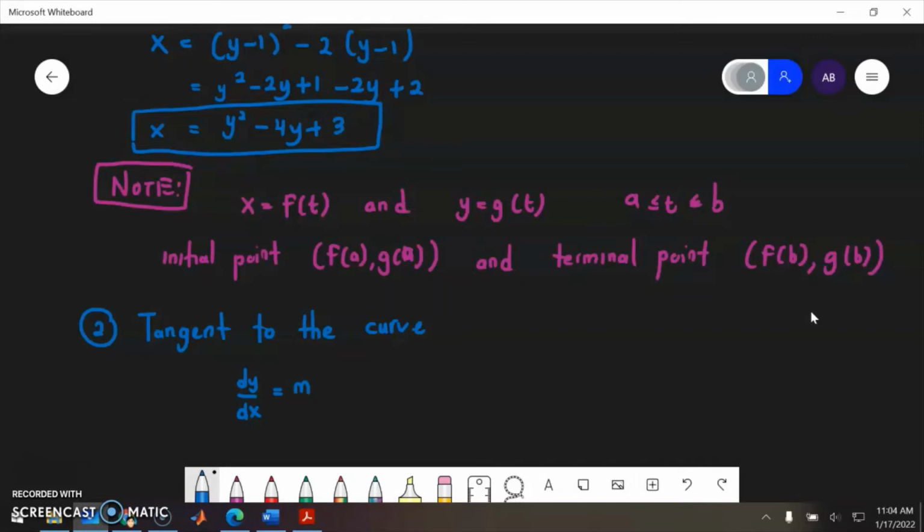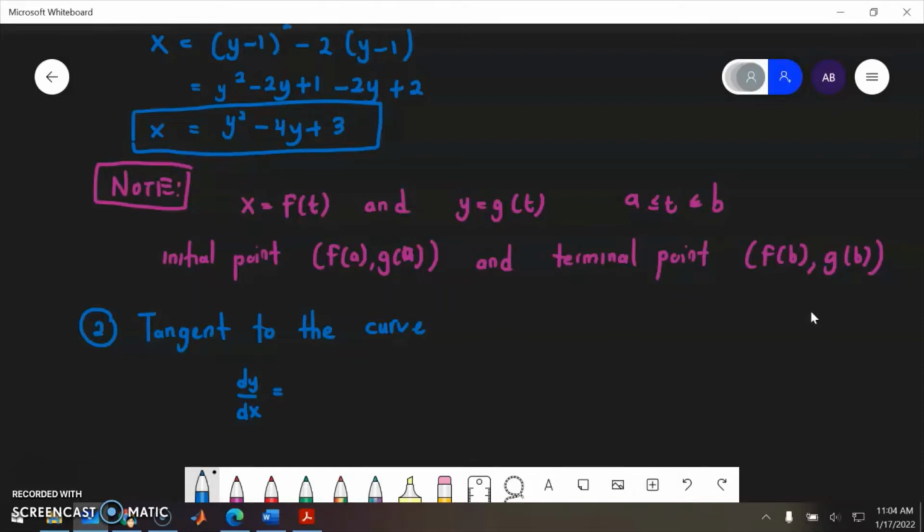So to find the tangent to a parametric curve, we just focus on the parametric curve here. Remember we have two equations involving x and y, right?